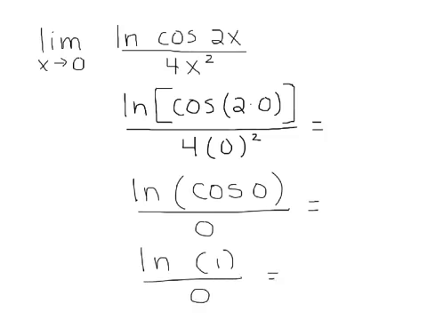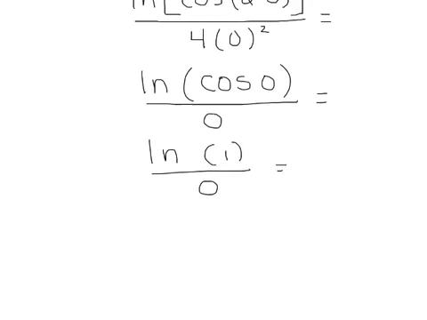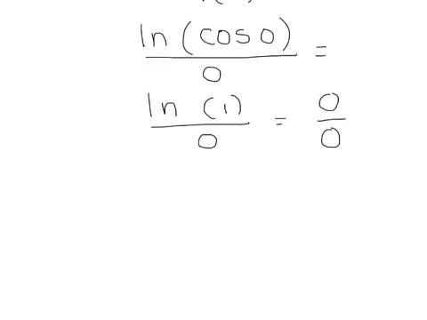And then the natural log of 1, that is e to what power gives me 1, is 0. And we end up with 0 over 0, an indeterminate form, which means we can't find the limit by direct evaluation, but we can apply L'Hopital's rule and take the derivative of the numerator over the derivative of the denominator and see what that gets us in terms of a limit.